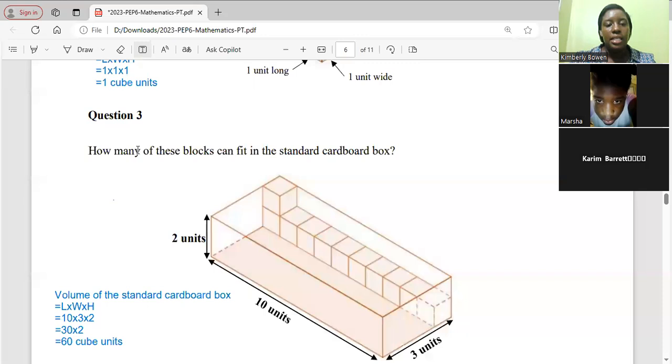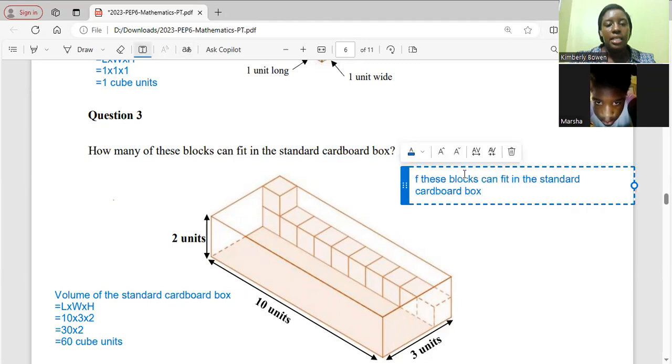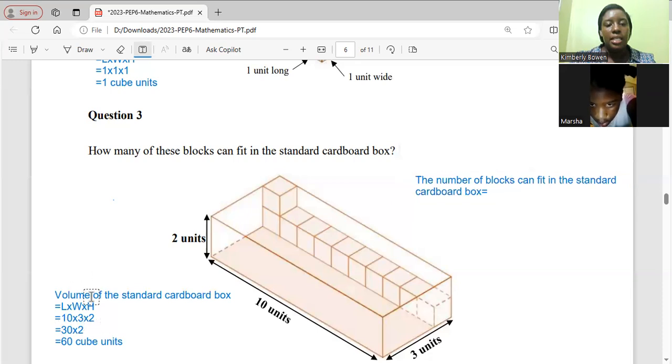We can say that the number of blocks that can fit into the standard cardboard box is whatever the volume is for this cardboard box divided by the volume for the cube.